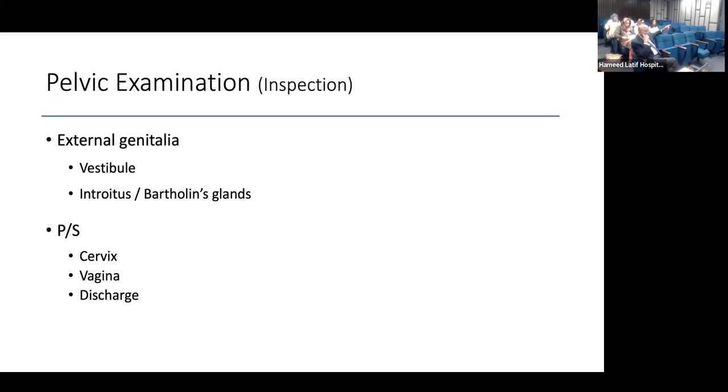And also then the introitus and the areas of the Bartholin's gland duct openings, which are in the posterior, around the 5 o'clock or 7 o'clock area. And many would say that when we come to palpation, you should palpate that area with the finger and thumb also, to feel whether a Bartholin's gland is palpable or not.